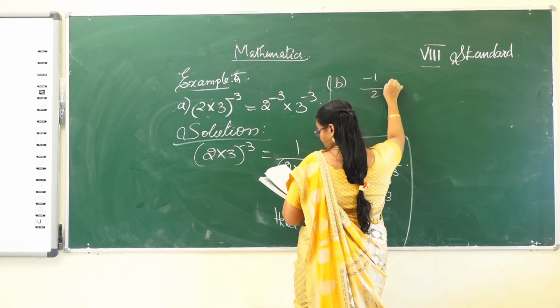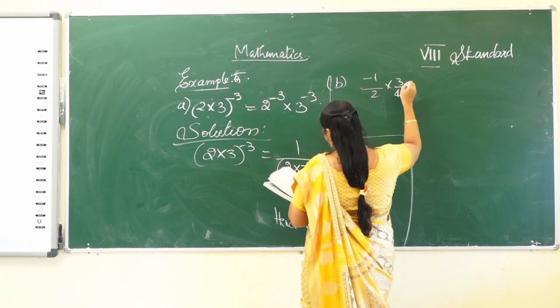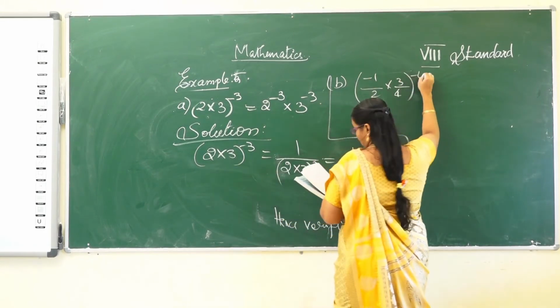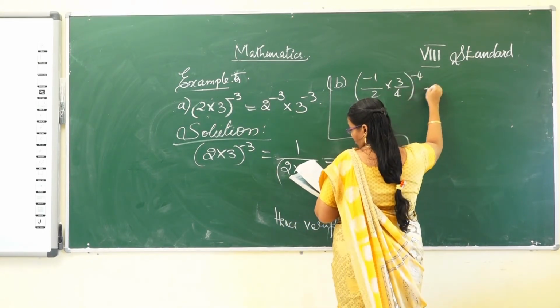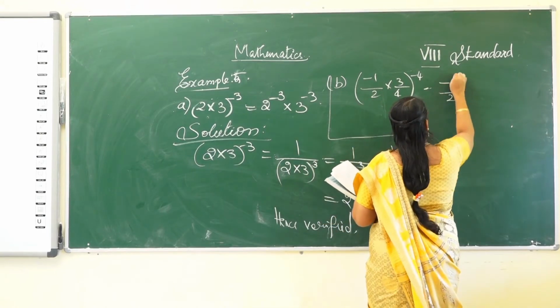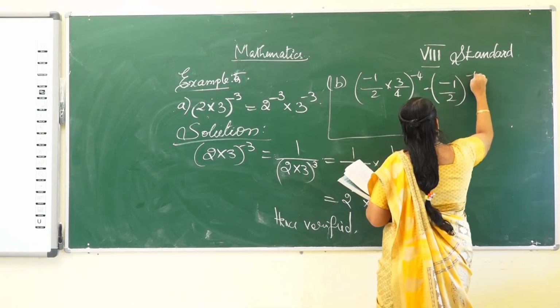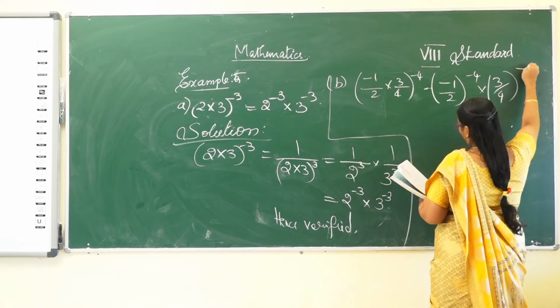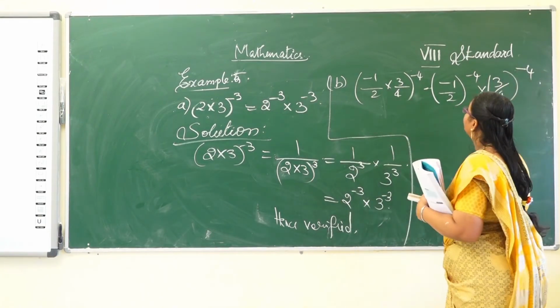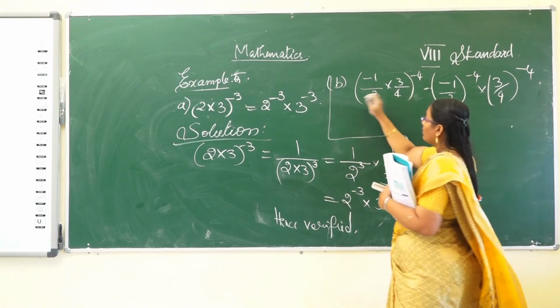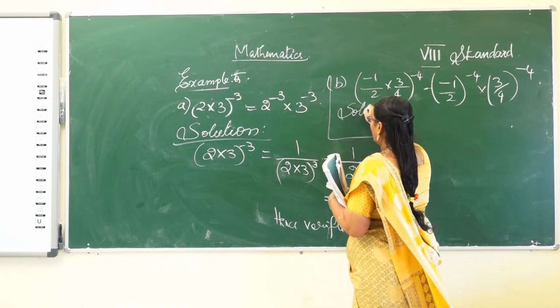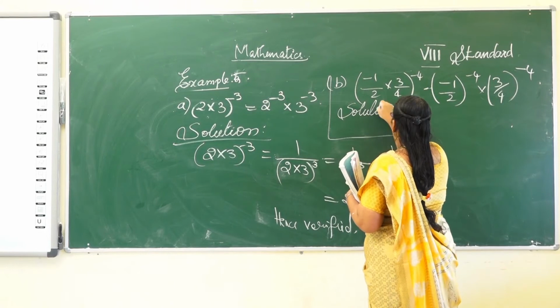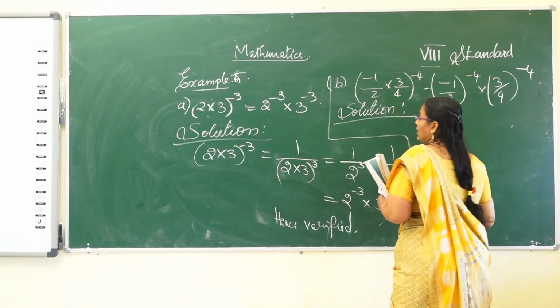And B: (minus 1 by 2 into 3 by 4) the whole power of minus 4 is equal to (minus 1 by 2) the whole power of minus 4 into (3 by 4) power of minus 4. As usual we consider the left hand side and the right hand side.